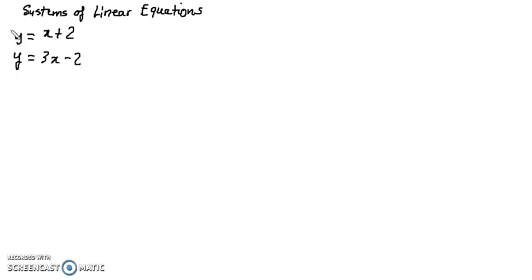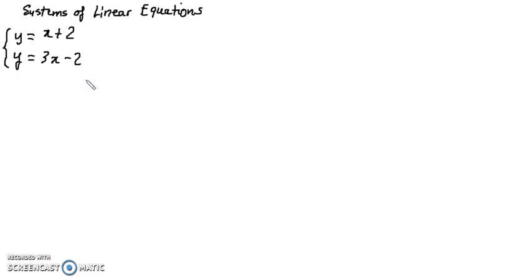We have this kind of symbol here, just to signify that this is a system of two linear equations. In your textbook it doesn't use this symbol, that's okay, and in the exam you don't need to use this as well. So how are we going to solve the system?